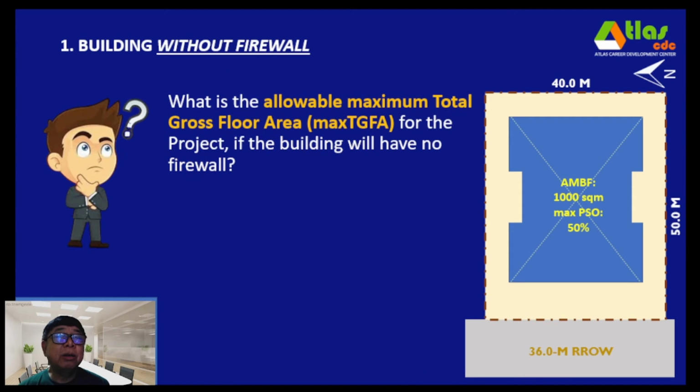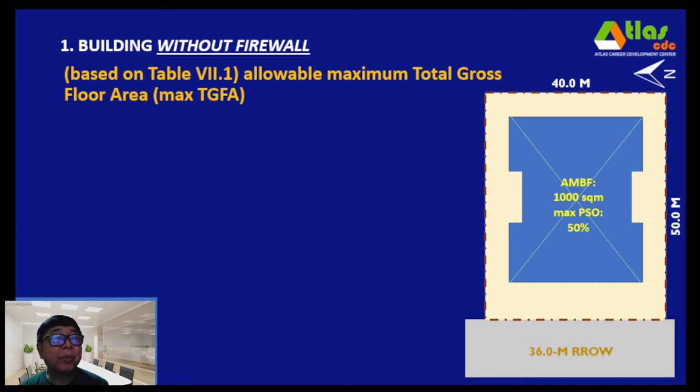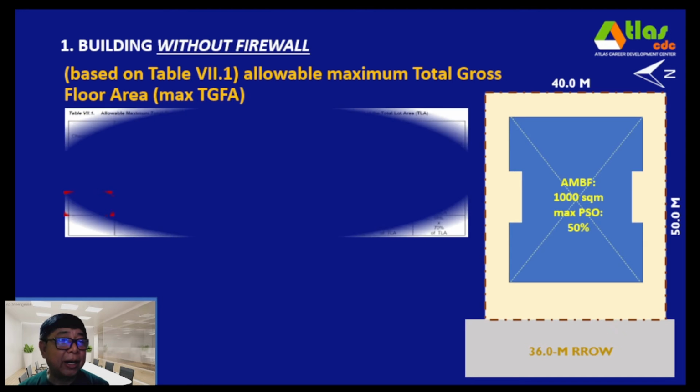Now we go to the allowable maximum total gross floor area or maximum TGFA for the project if the building will have no firewall. So our first reference is Table 7.1. This is the reference table for the allowable maximum total gross floor area.